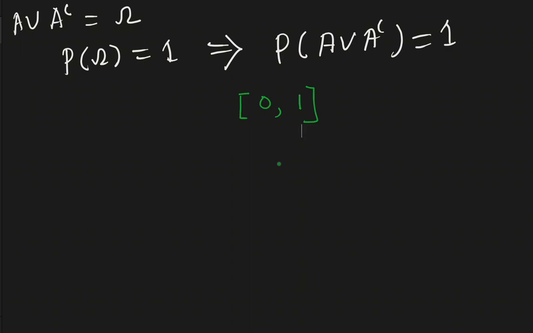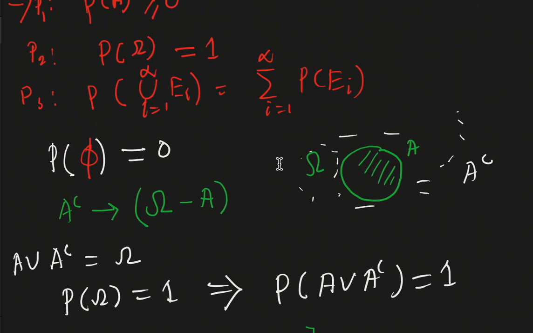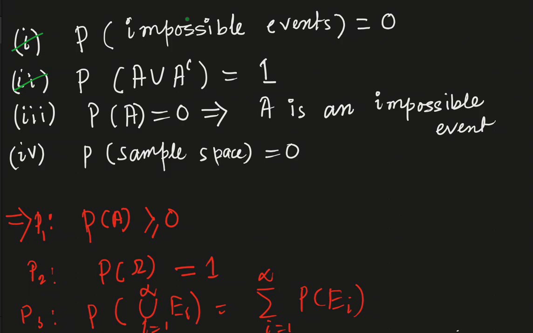You can choose a point, but the probability is 0. So if the statement means that P of A is 0 if and only if A is an impossible event, that is false. So this statement 3 is not actually true.